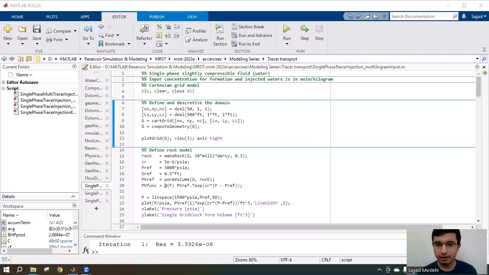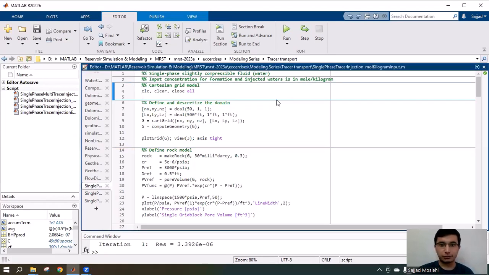So let's talk about how tracer transport is modeled. I have 3 scripts here, which I'm going to talk about. In the first script, I have considered that the concentration of the tracer that I have is in mole per kilogram, which means the mole of the solute or the tracer per 1 kilogram of the solution.